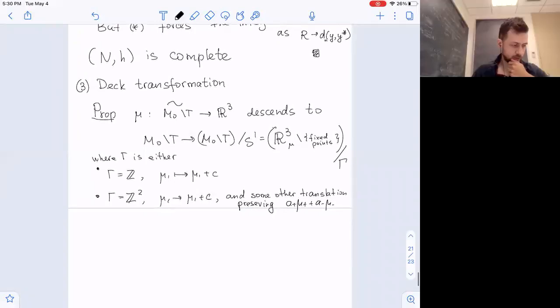So again, do I really want to go over it in detail? So the setup is above.